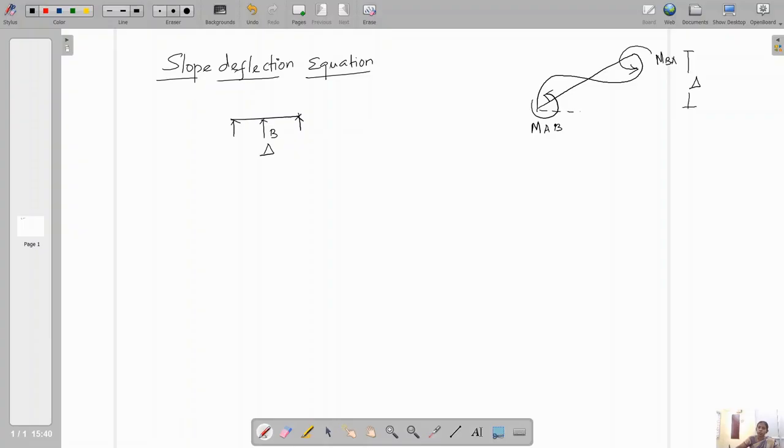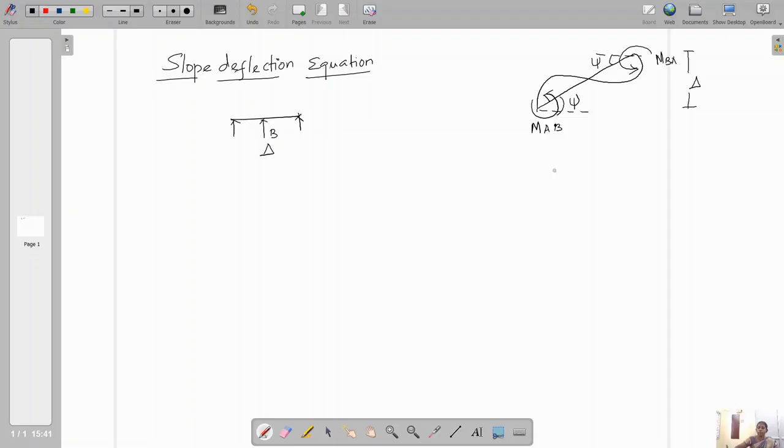So with respect to horizontal, I am going to draw a line. I am indicating this is psi, the angle due to this deflection. This is also psi. And the rotation.